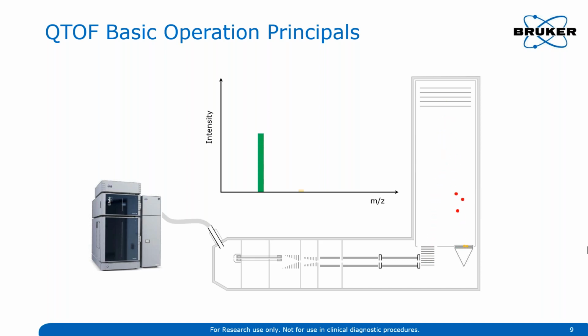Then they are injected into the reflectron flight tube, where they separate by their mass to charge ratio based on the time it basically takes them to fly up and down. Finally, they're detected, and that gives us the mass spectrum. There is really nothing too complicated about this.